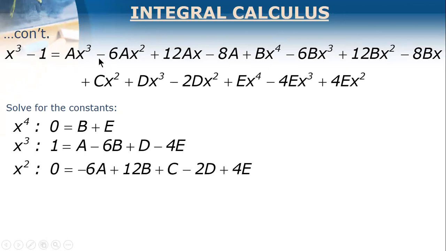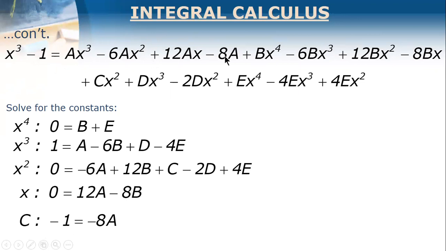And then sa right side, we have negative 6A plus 12B plus C minus 2D plus 4E. And then x, again, 0 sa left. So we have 12A minus 8B. And then last is constant. We have negative 1. So right side, we have this one. This is our only constant term, negative 8A.